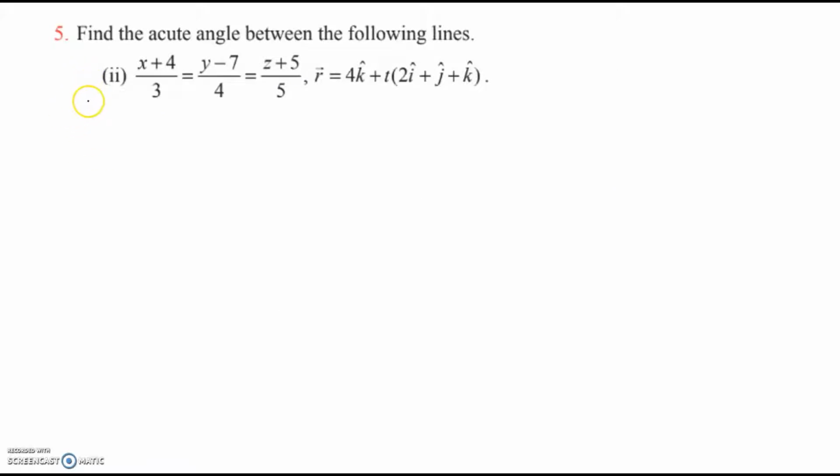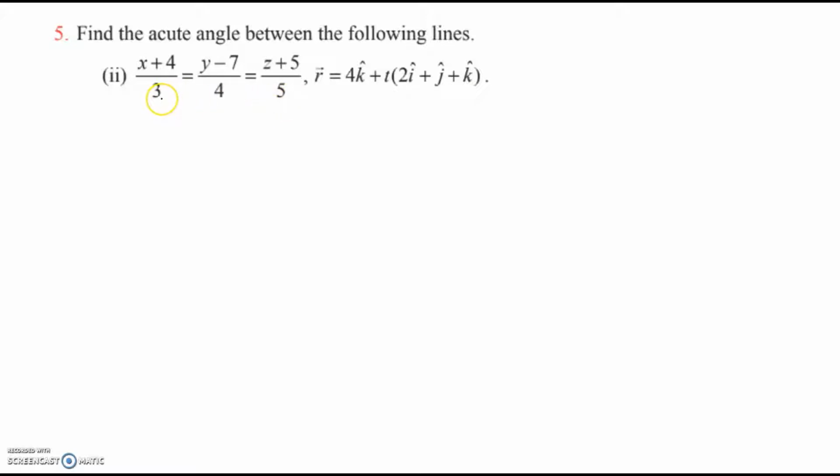In the second problem in question number 5, you are given the Cartesian equations of one of the lines and you are given the parametric form of the equation of the other line. Now for the Cartesian form, 3, 4 and 5 will be the direction ratio.